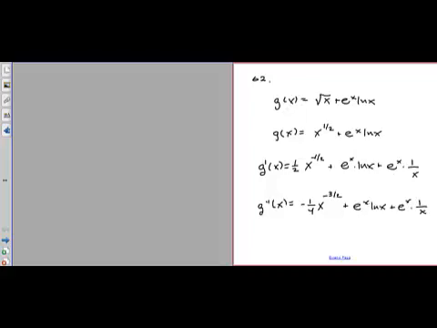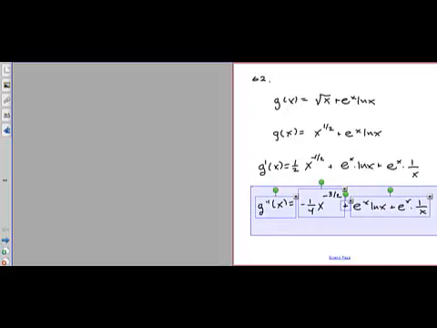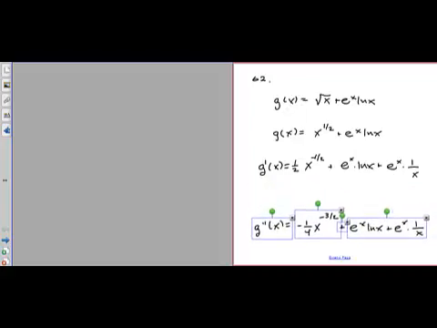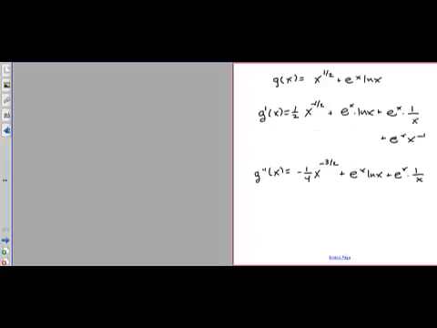And then you need to take the derivative of the last term, which is also a product, but I'm going to rewrite this as x to the minus 1 power. So 1 over x is x to the minus 1 power. Now I'm going to use the product rule for this term.